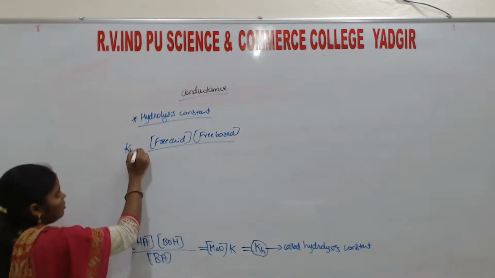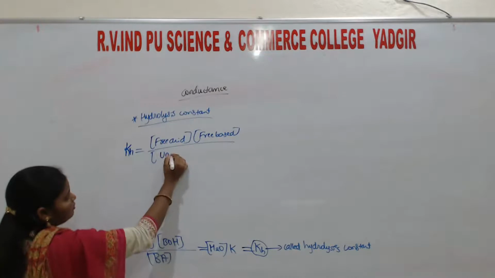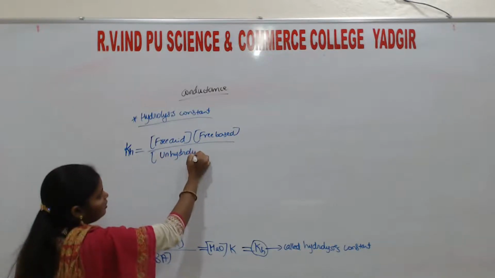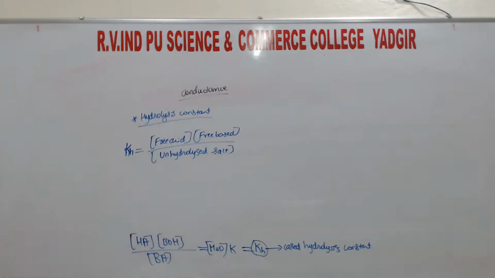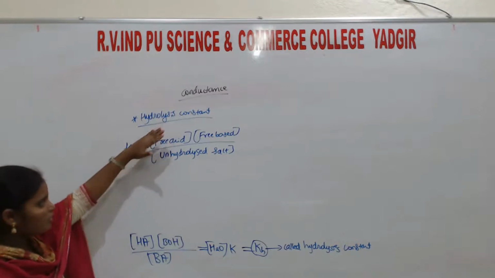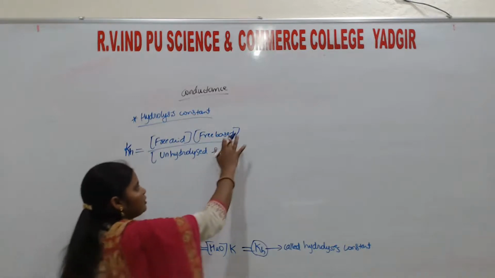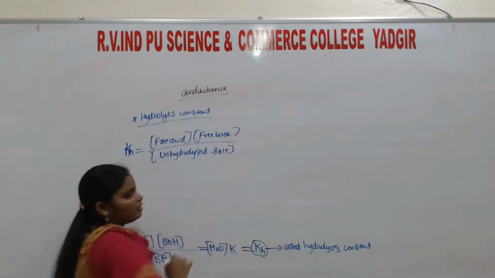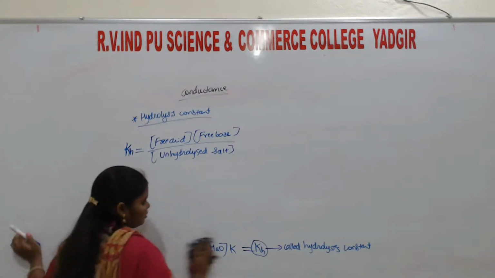BA is the unhydrolyzed salt. This is the general representation of the hydrolysis constant. Okay, this is known as the hydrolysis constant.